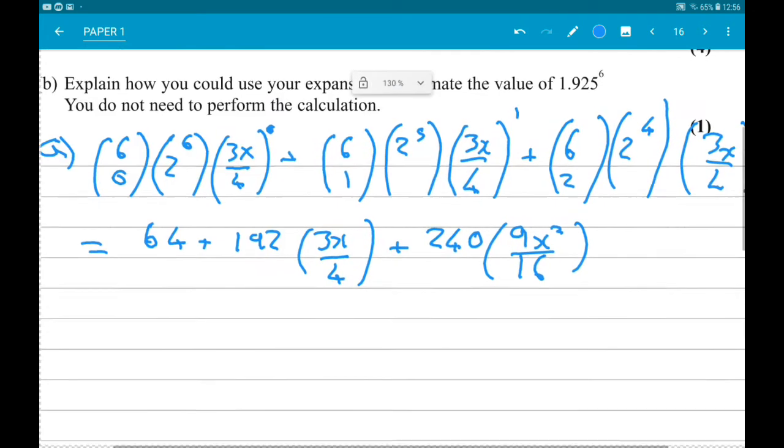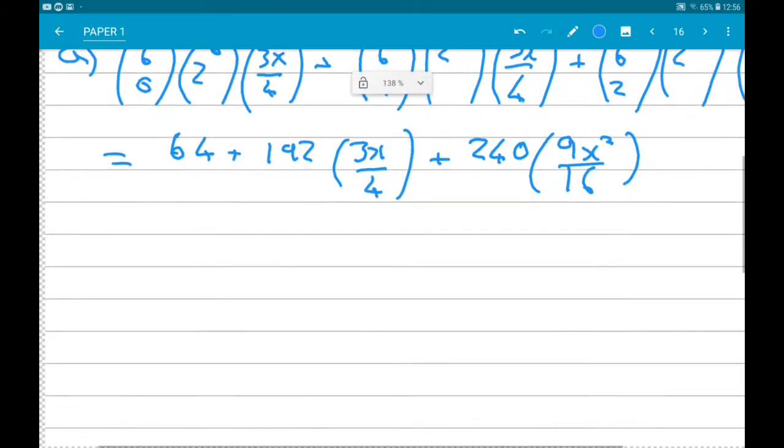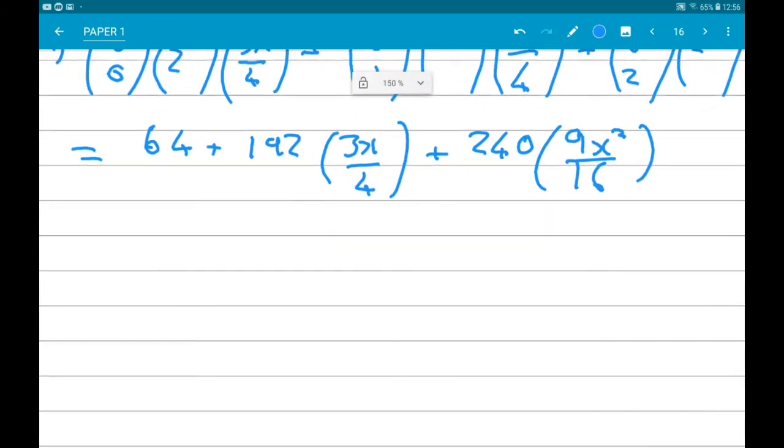So we can simplify that a tiny bit more. We should get 64 add 144x add 135x squared.